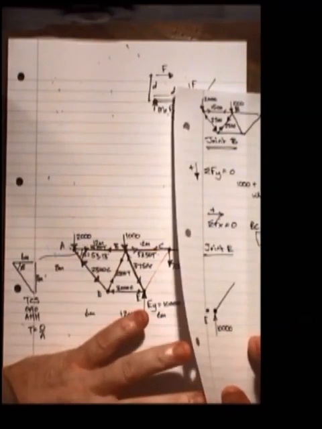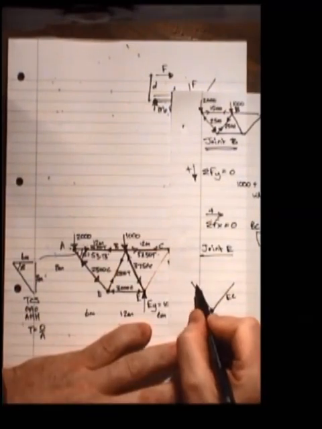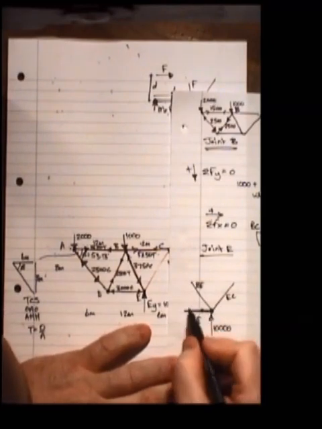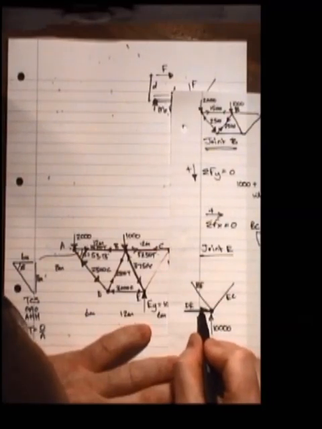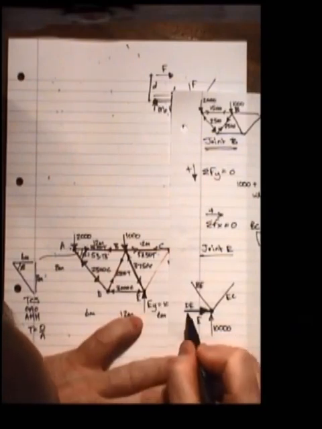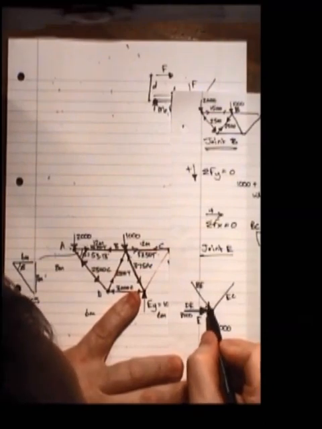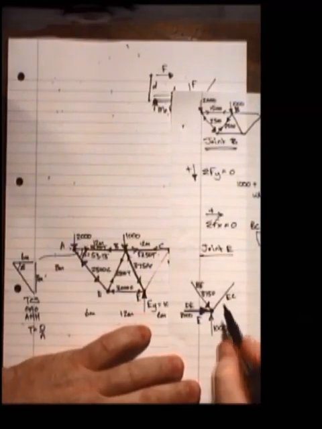We've got this EC. We also have BE, and we have DE. And DE we've already worked out, it's heading to the right, it's 3,000. We've also got BE heading downwards, that's 3,750. We don't know what EC is, and we know what that 1,000 is.